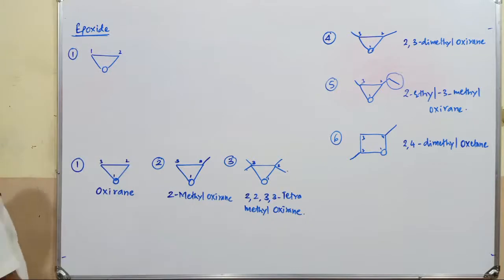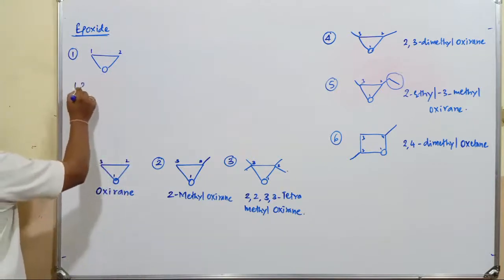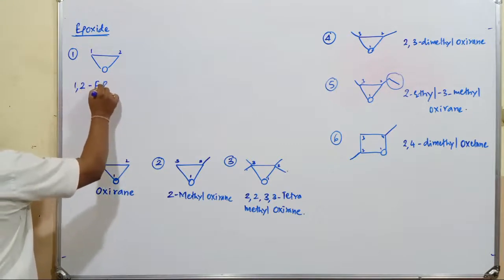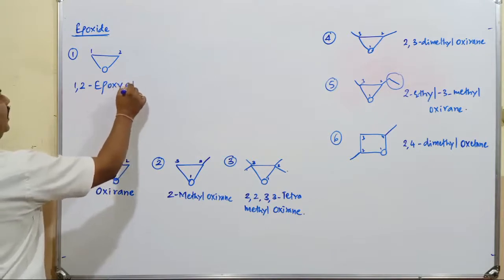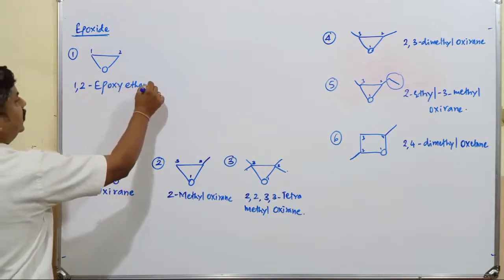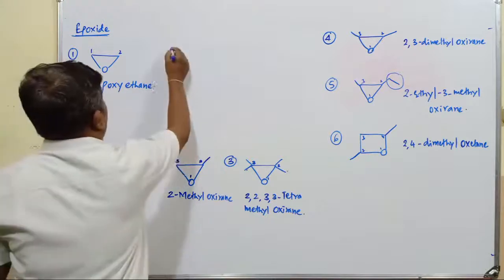Both are the same. What is the name of this compound? It is 1, 2 epoxy ethane compound. So this is the IUPAC name of this compound containing 2 carbon atoms.